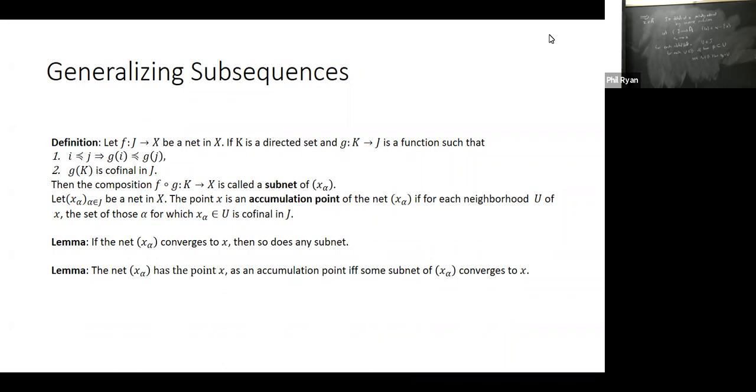If we've got a net, which is given with the directed set J as its index set, and then we've got another directed set K, such that we've got a function g from K to J, such that whenever i is less than j in K, g of i is less than or equal to g of j in J.